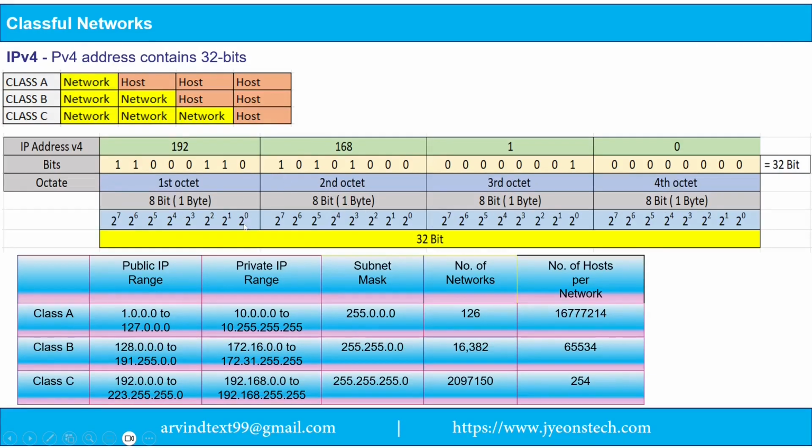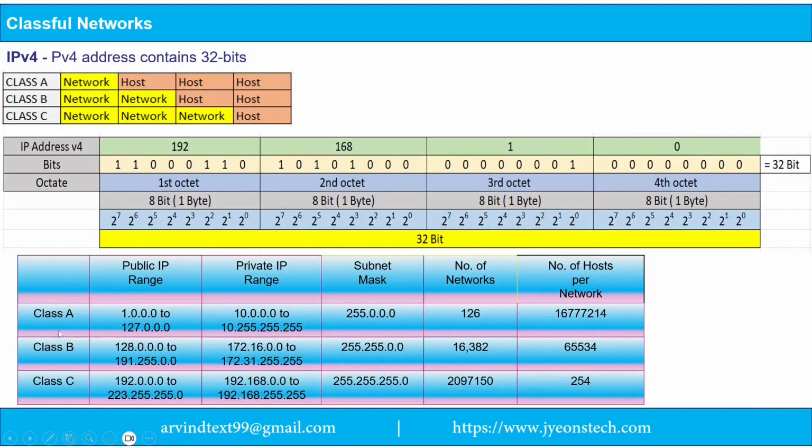You can write this one as 2 to the power 0. I will tell you where to use this. The next is 2 to the power 1, then 2 to the power 2. We are writing in this format here. I will tell you where to use it, and the length from here to here is 32 bits. You can see here that this is a chart.